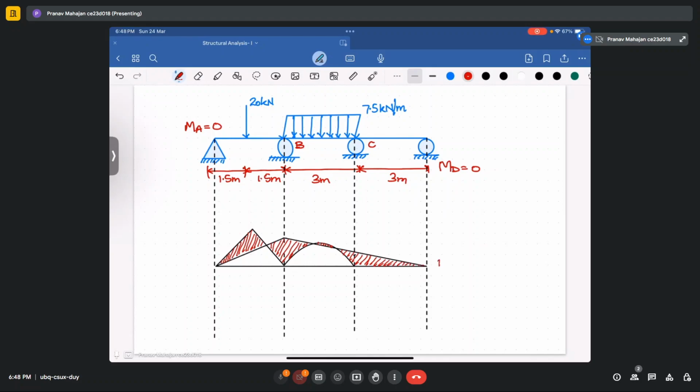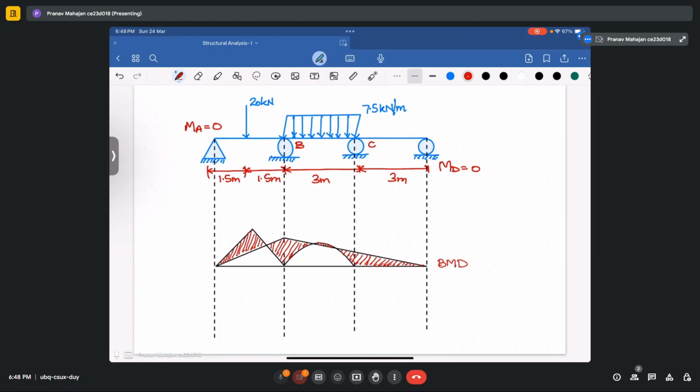So this is your bending moment diagram for that indeterminate structure, after considering the value of MB and MC. So this is how you apply the three moment equation for an indeterminate structure.